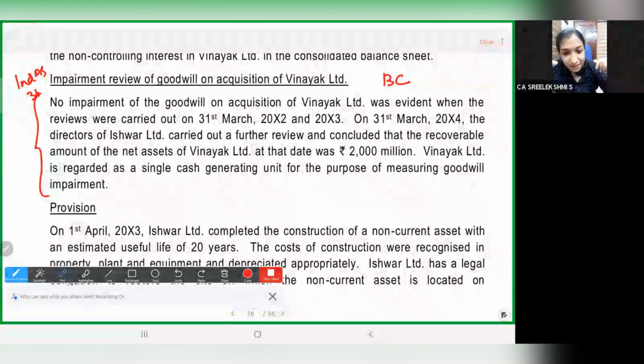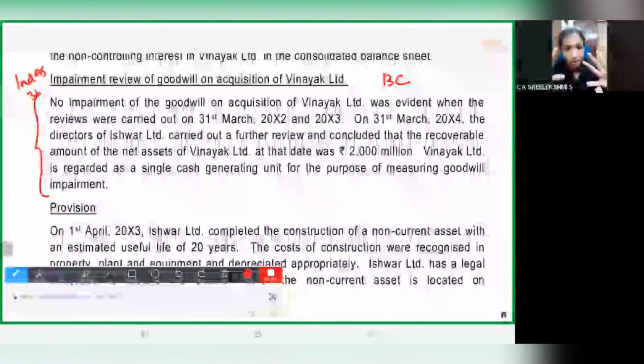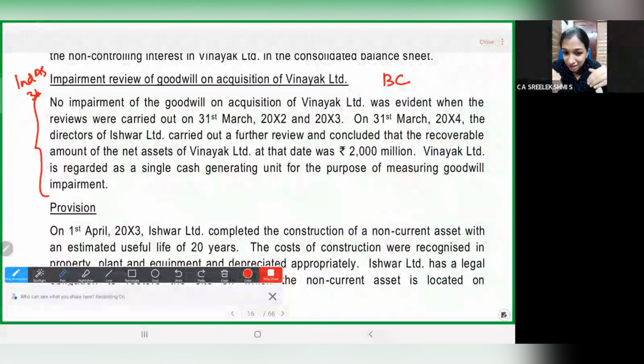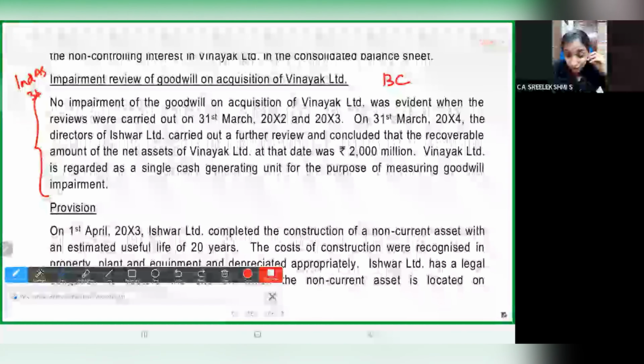As per Ind AS 36, goodwill, if there is any in the balance sheet, should be tested for annual impairment.